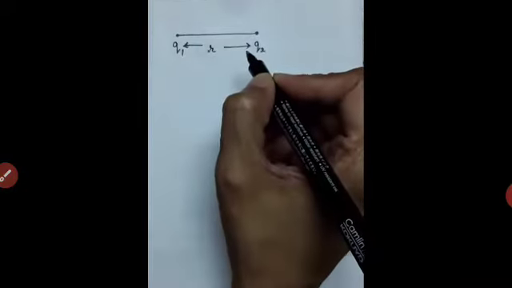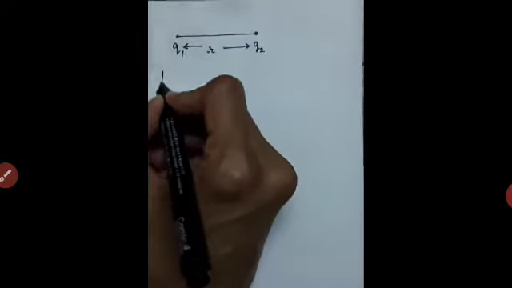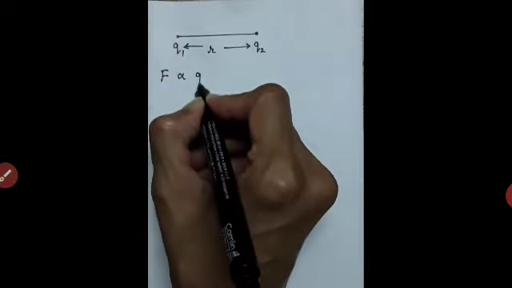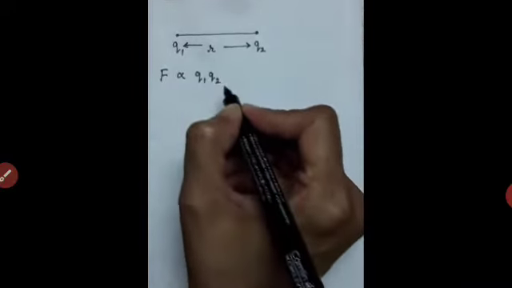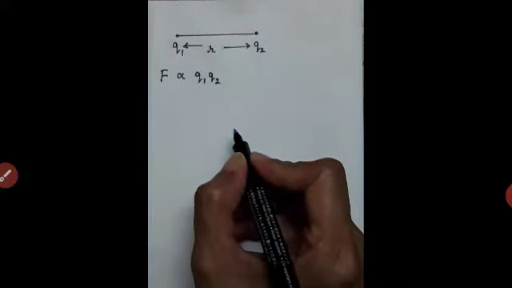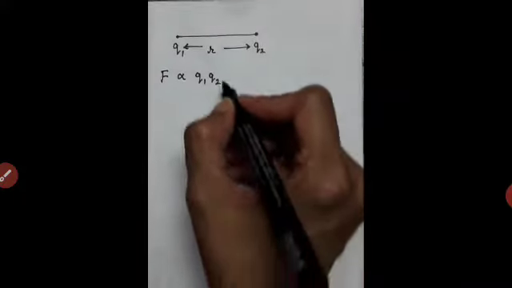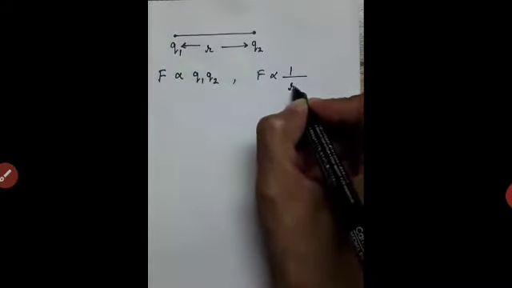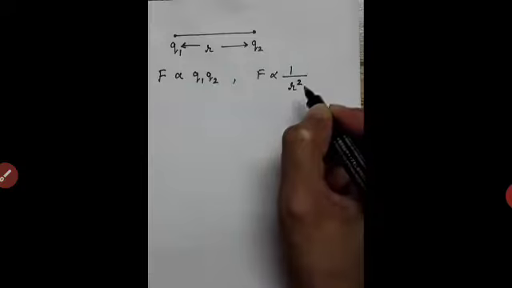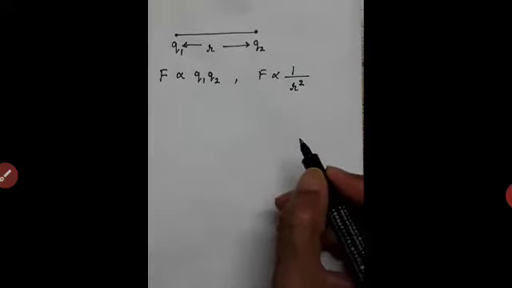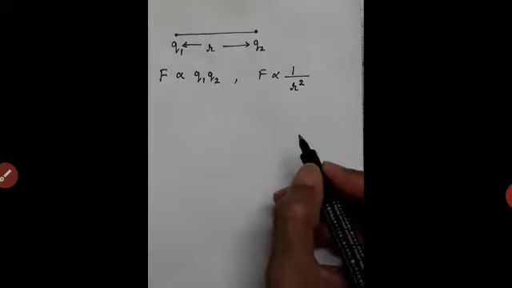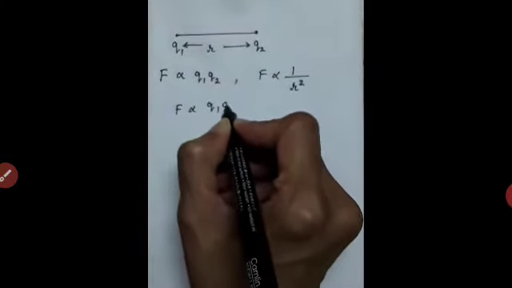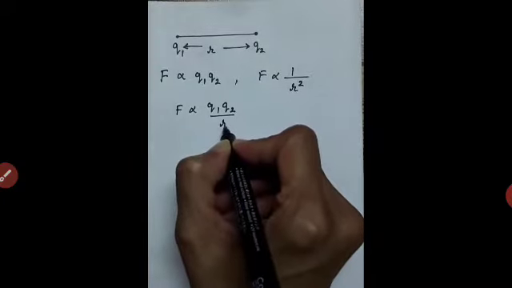According to the statement of Coulomb's law, the force between the two charges is proportional to the product of magnitude of the two charges, that is F proportional to Q1 into Q2, and F is also inversely proportional to the square of the distance between them, that is F proportional to 1 upon r square. When we combine these two, we find that F is proportional to Q1 Q2 by r square.